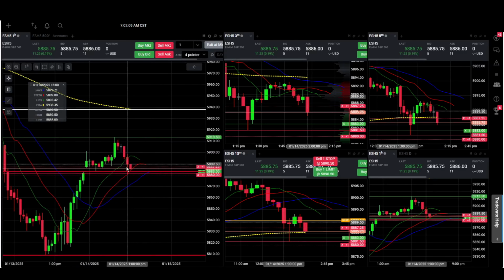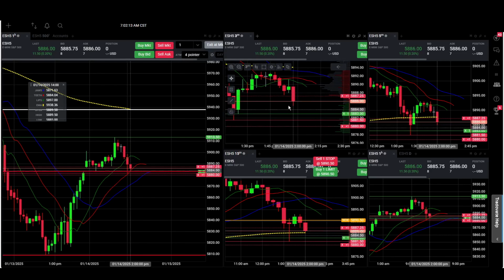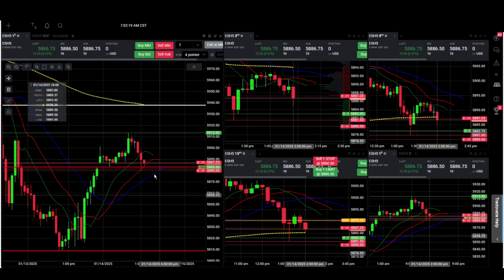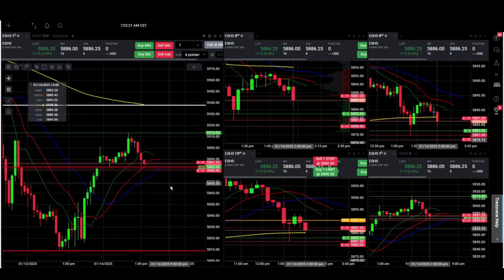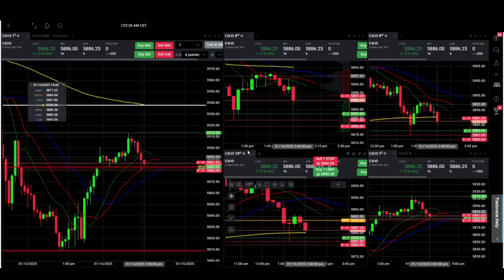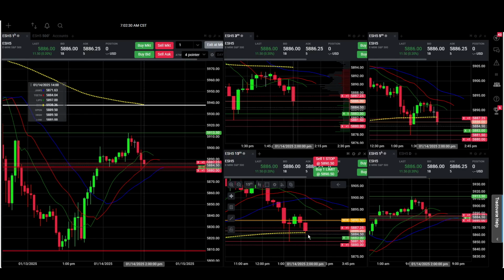Now we are approaching with the price action, you can see it on the 3-minute chart, to my entry, which is the teeth of the hourly chart, which should serve as a support. There's also the 200 EMA on the 50-minute chart, which also should serve as a support.